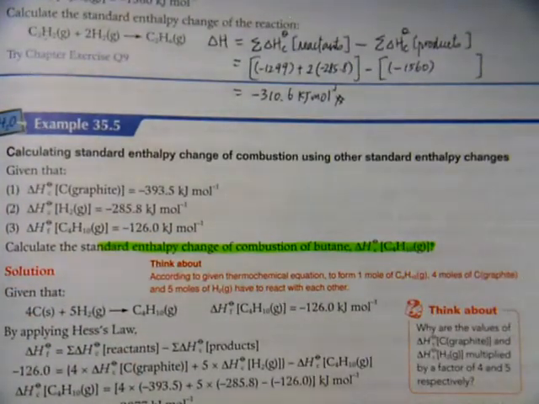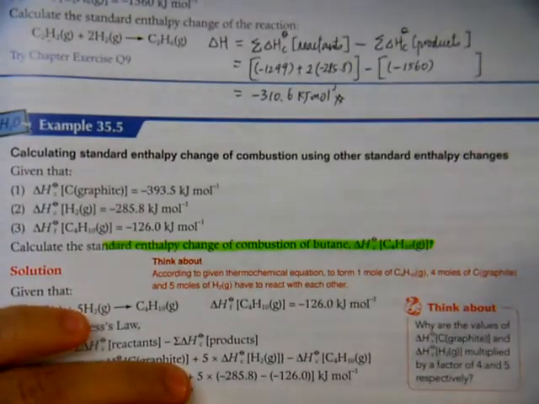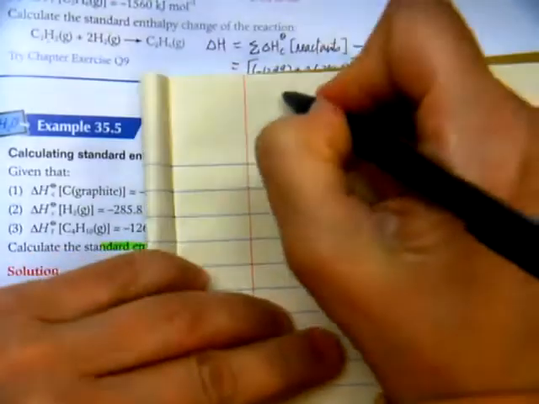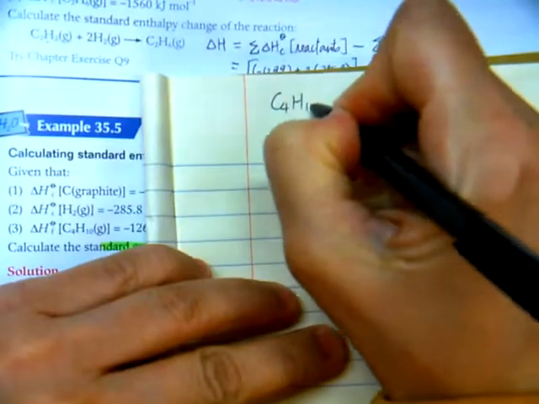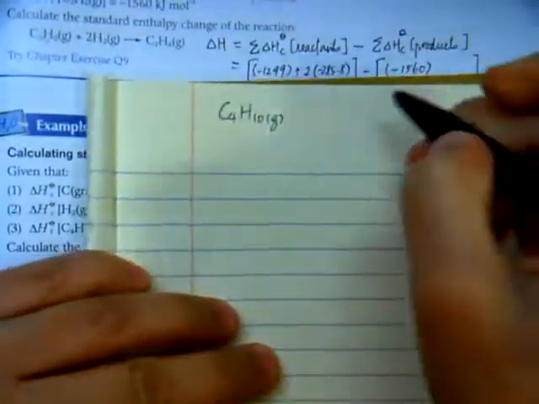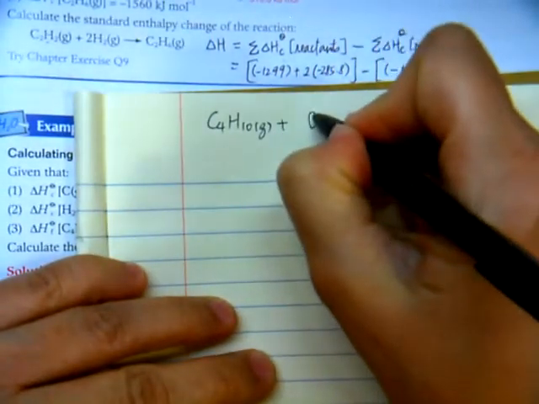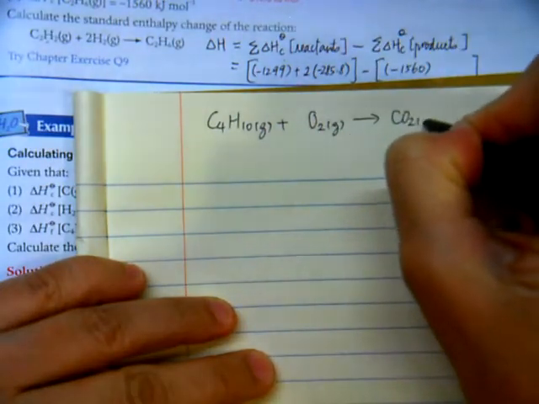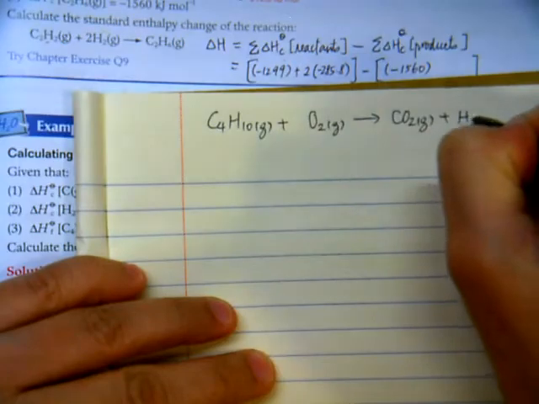Change this statement into an equation. Combustion of butane, C4H10, combustion. That means completely burnt in oxygen to form carbon dioxide and water.